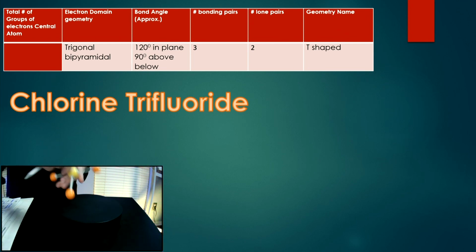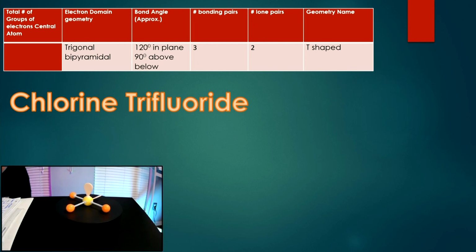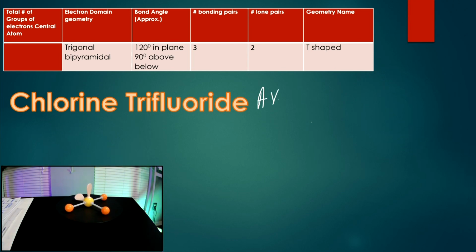Get the lone pair in. So chlorine trifluoride has 3 bonding and 2 lone pairs, so it will be AX3E2, giving you a total of 5 domains surrounding the central atom.